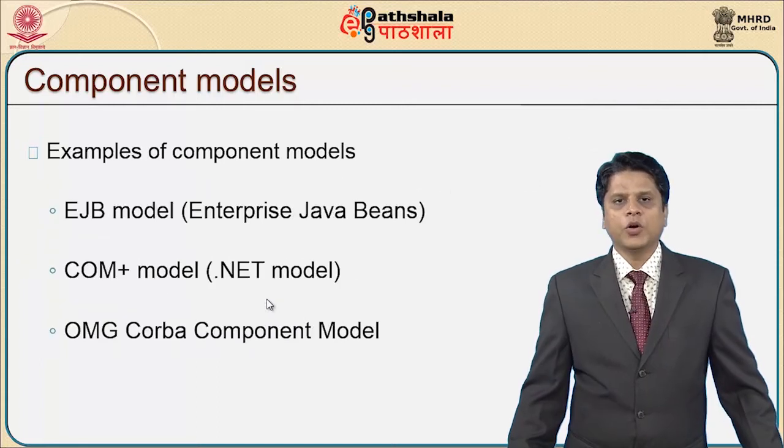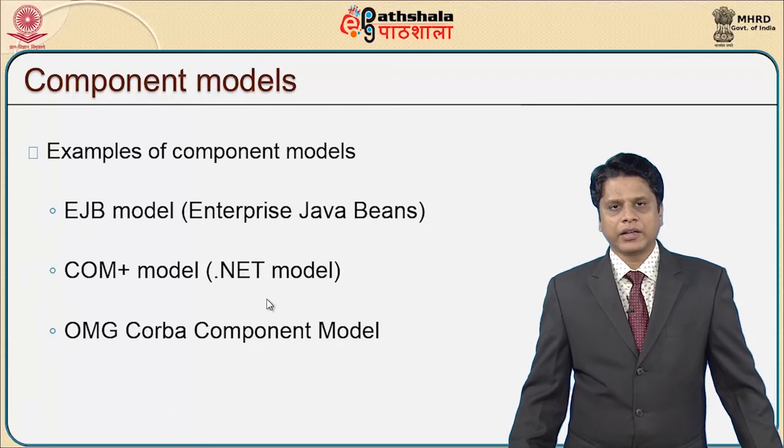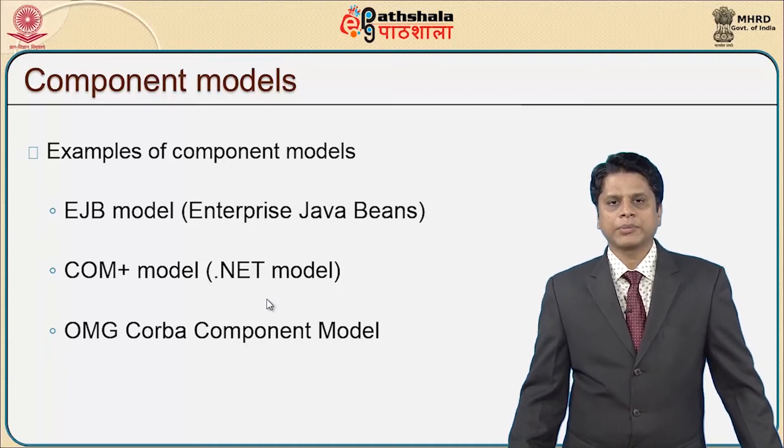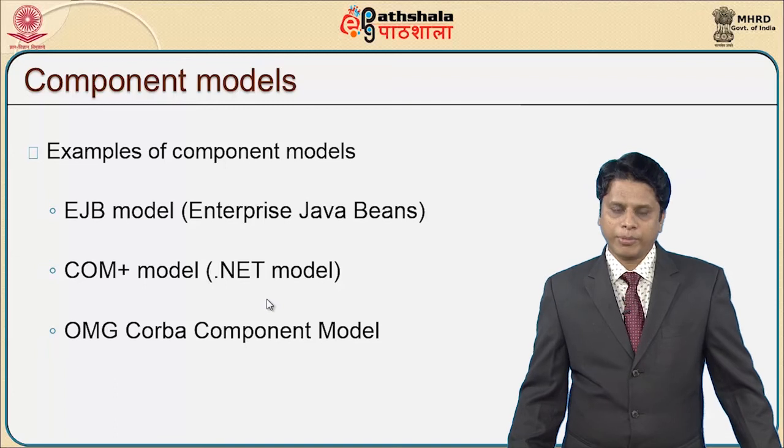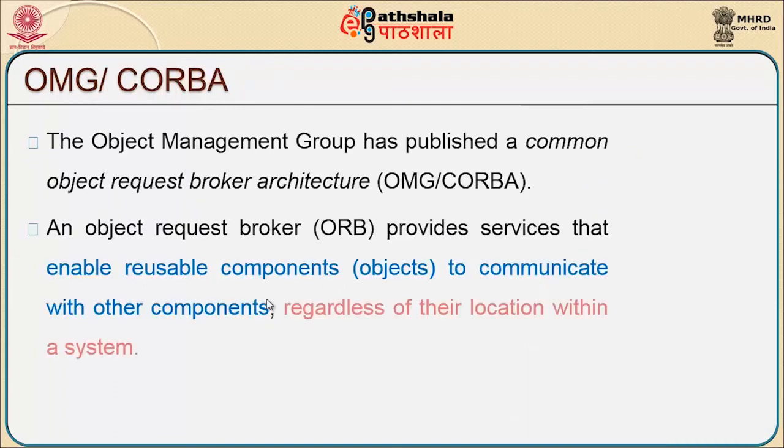Some of the very well known component models in the real world are the Enterprise JavaBeans model, COM+, which is part of the .NET framework, and the Corba component model. If you look at the Object Management Group, Corba has established a common object request broker architecture, and an object request broker provides services that enable reusable components to communicate with other components.